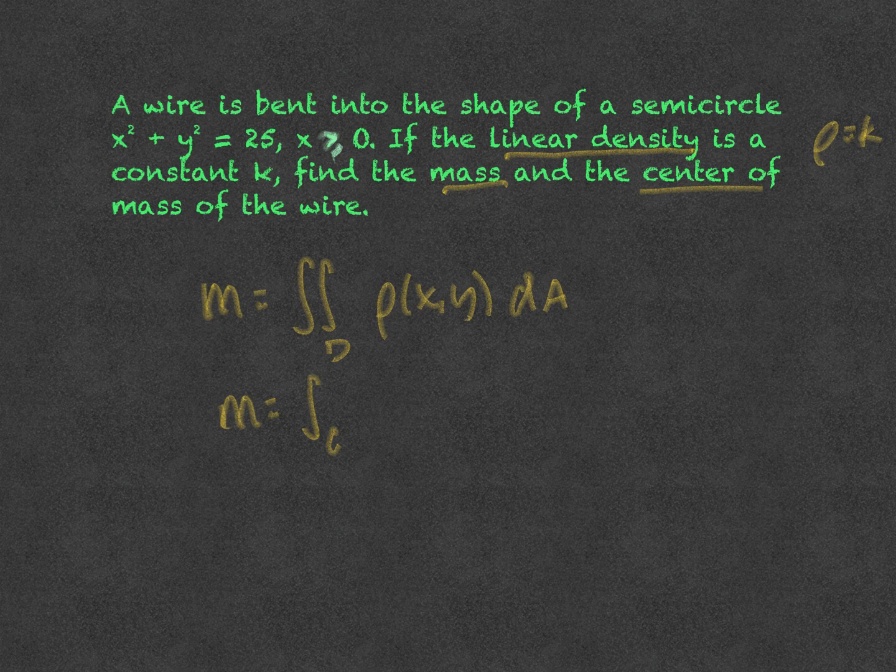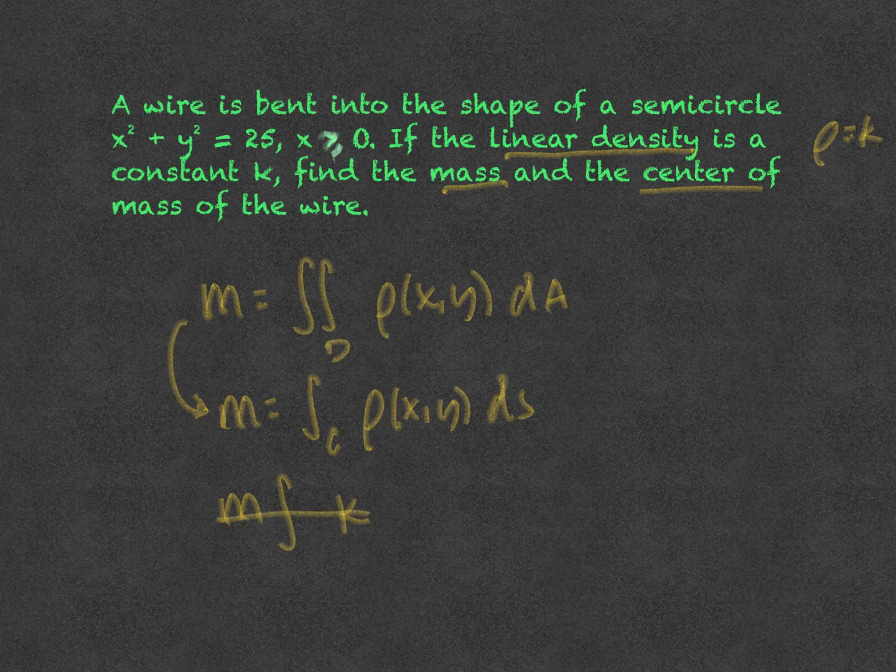So we're going to move this and say rho of xy with respect to s. So we're making this change. Now our rho is just the constant k, and then we need to define our variables. So I shouldn't start with that. Let's draw a line through this and come back to it.